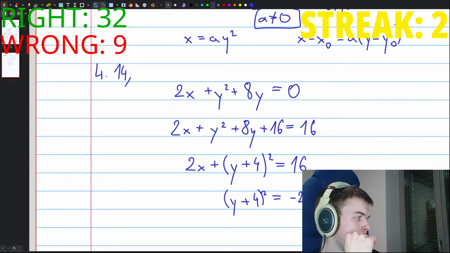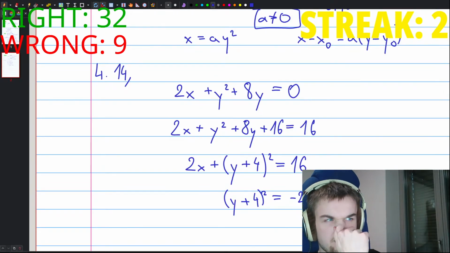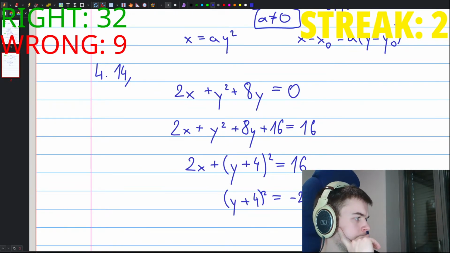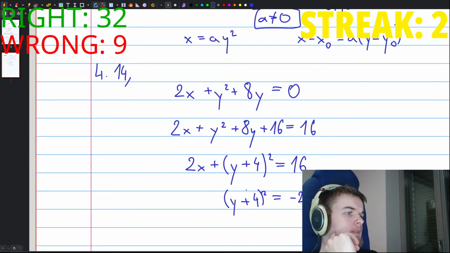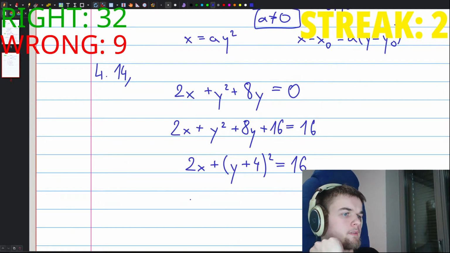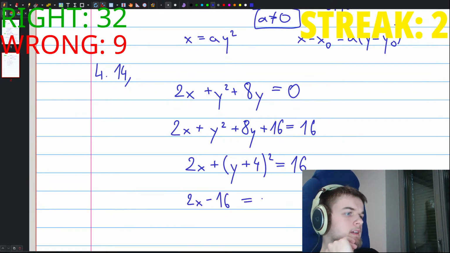Okay. This is getting very confusing very fast. Okay, so they actually don't want you to do this. You can do it like this: 2x minus 16 equals minus y plus 4 squared. And now we need to get rid of this, so we just divide by 2.